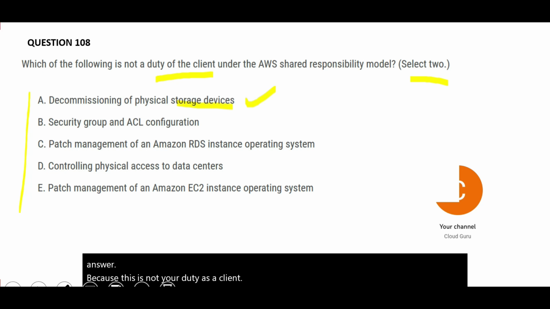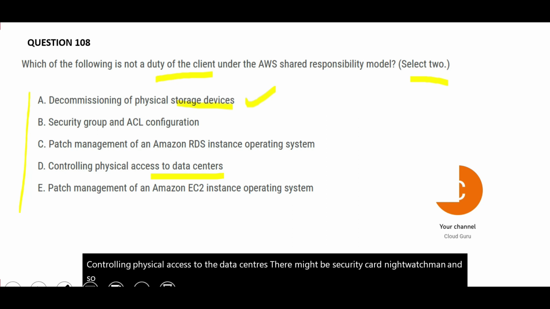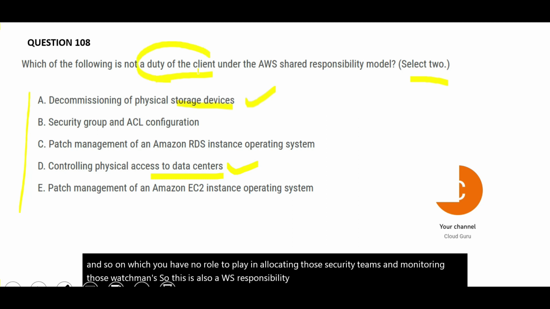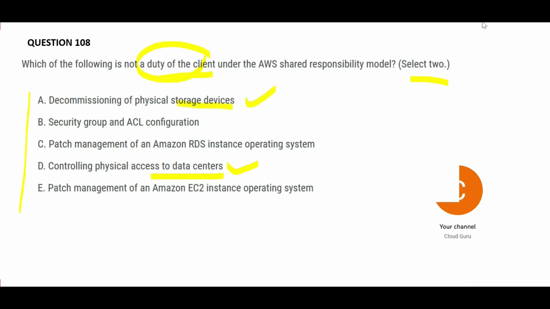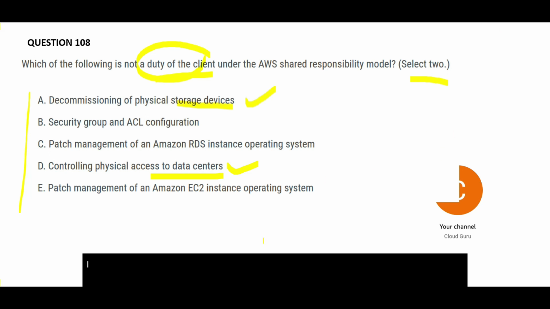And controlling physical access to the data centers. There might be security guards, night watchmen, and so on, which you have no role to play in allocating those security teams and monitoring those watchmen. So this is also AWS responsibility, not a duty of the client. Now, ACL configuration, this is something which you as a client will do.